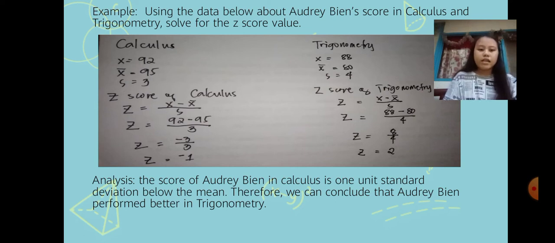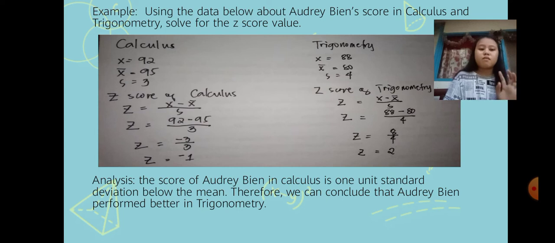On the other hand, in trigonometry, Audrebien's score is 88, with a mean of 80 and a standard deviation of 4. Using the z-score formula, 88 minus 80, we subtract the mean of 80 from the score of 88, which equals 8. We divide it by 4, the standard deviation.